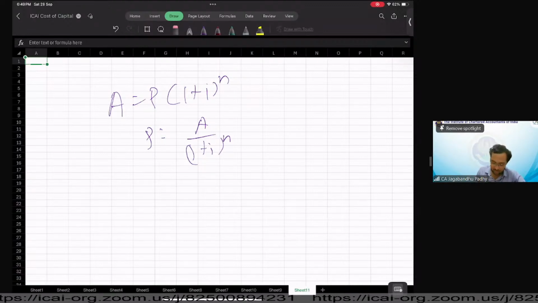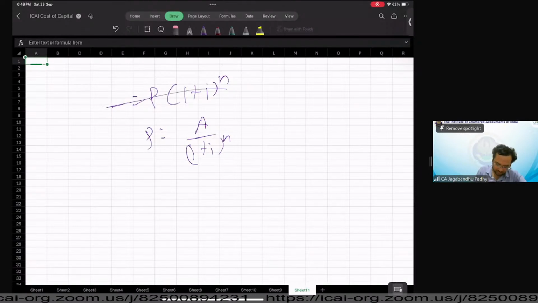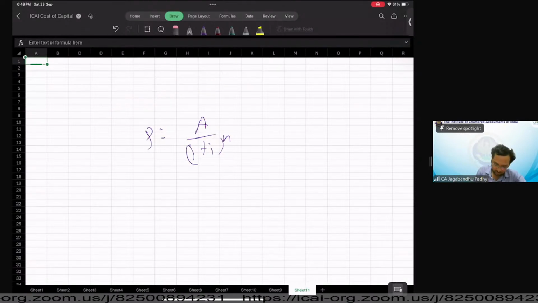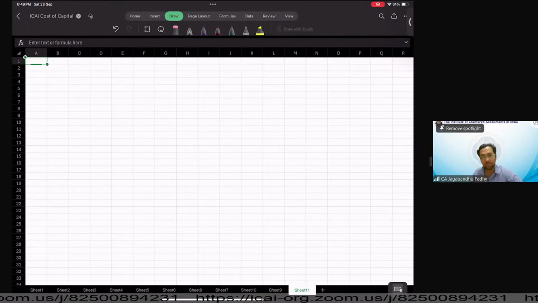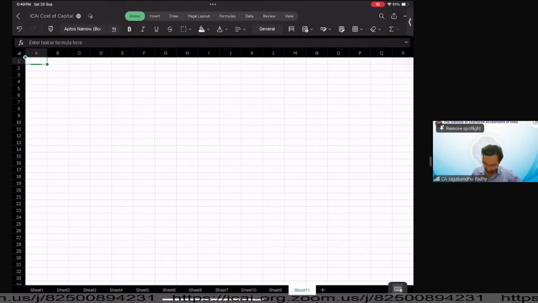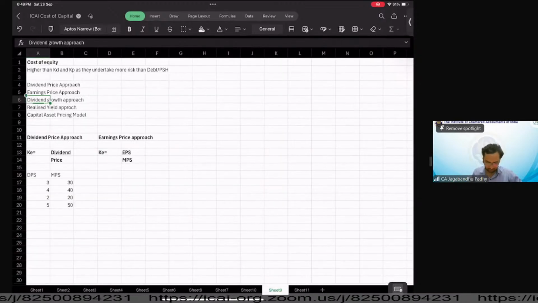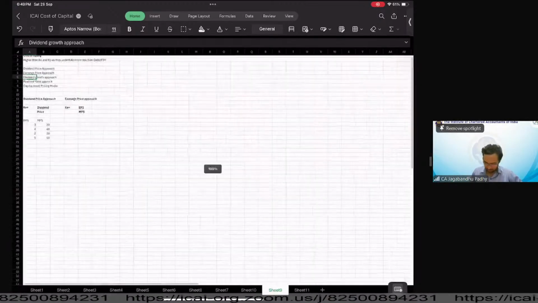A is the amount that you're receiving in future. Cost of equity is the rate of return expected by equity shareholders.